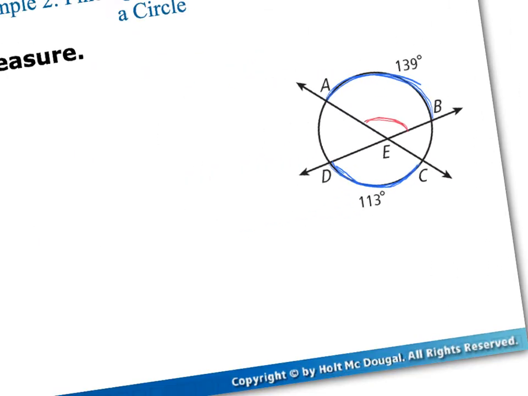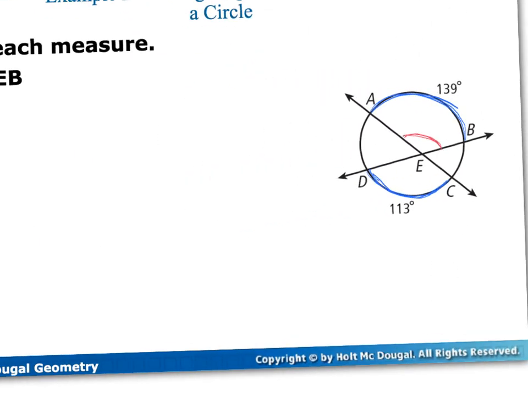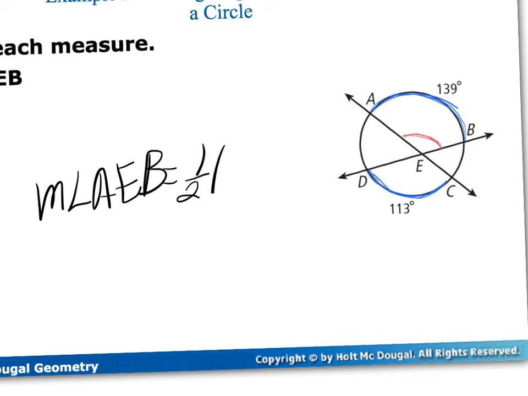All right, so the theorem tells me that the measure of angle AEB equals half of the two arcs together, combined together.